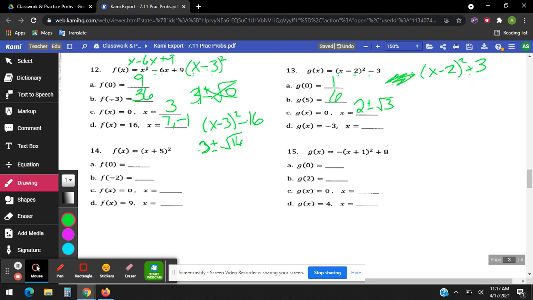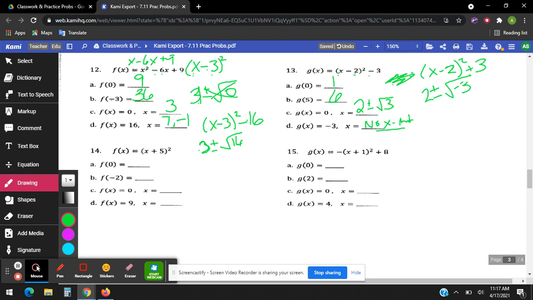So then I'm going to have h, 2, plus or minus the square root of a negative 3, which means there should be no x-intercept. It shouldn't cross at that, right?